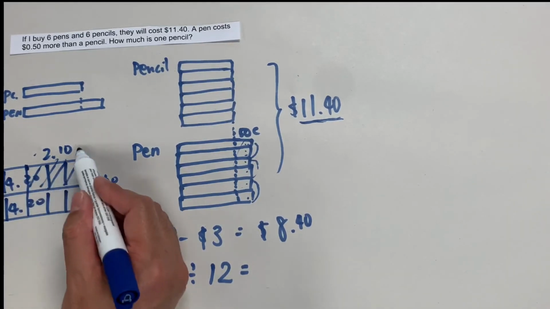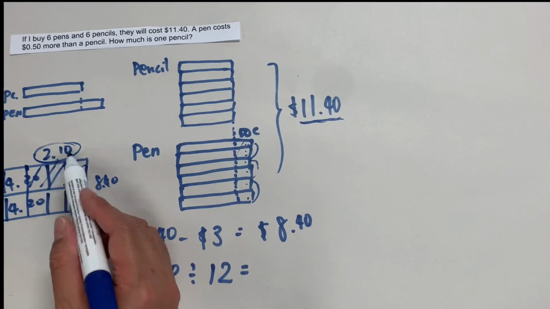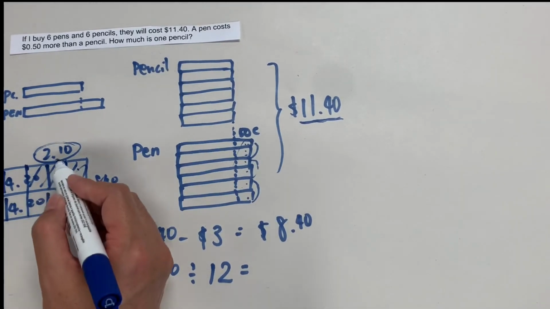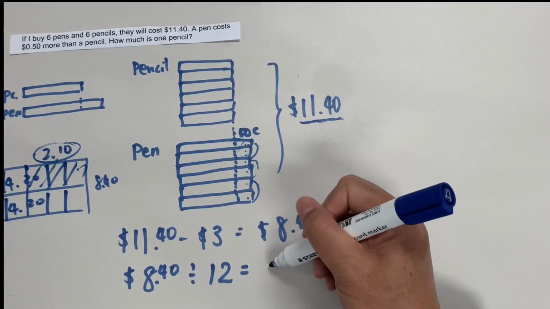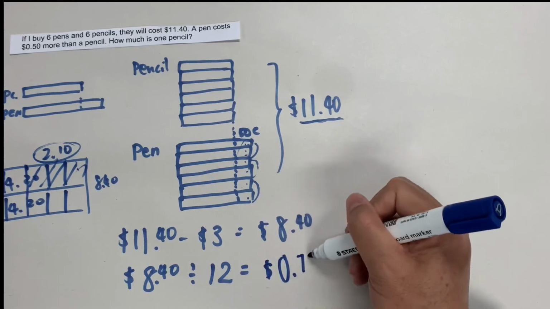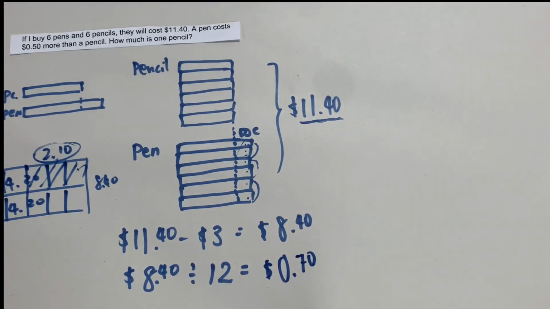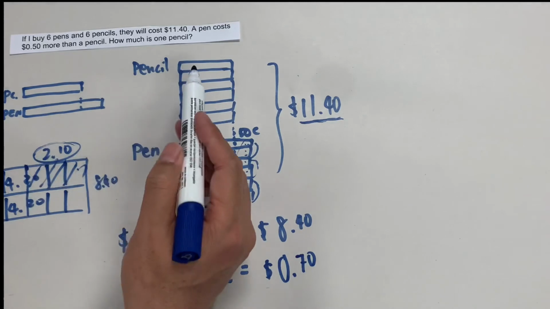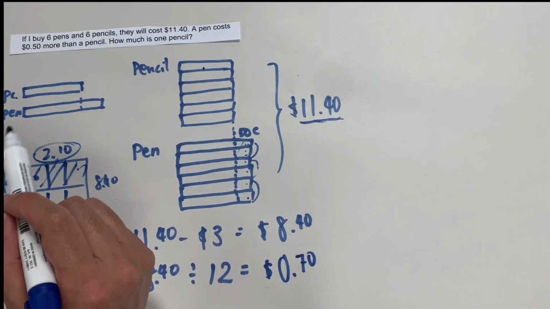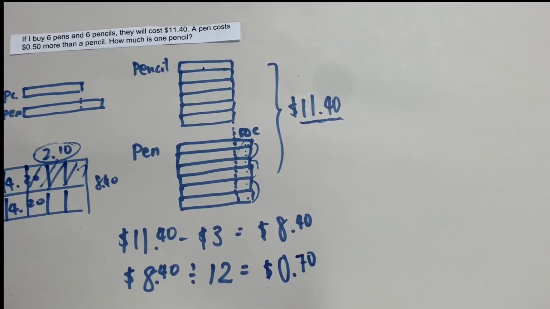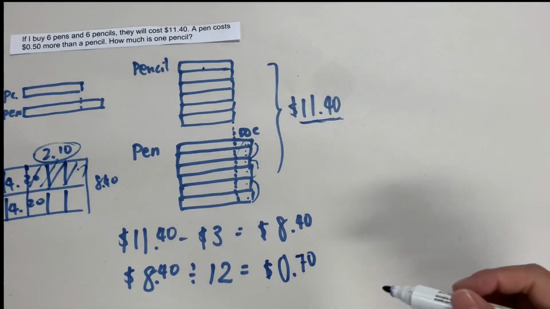So $2.10 divided by 3 is 3 7s 21. So it's 70 cents. So each pencil is 70 cents and a pen is $1.20, isn't it?